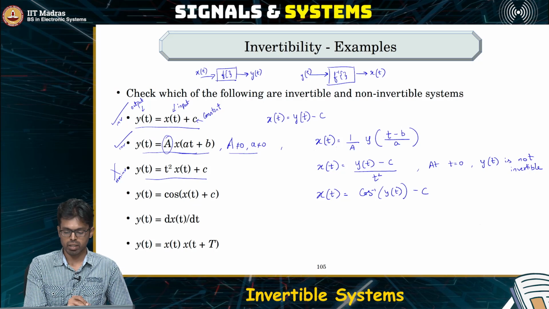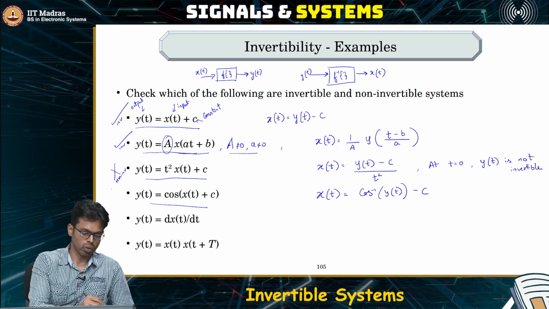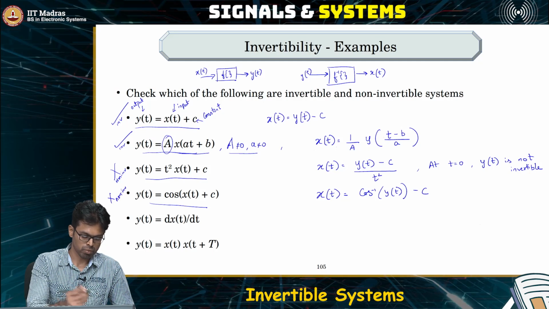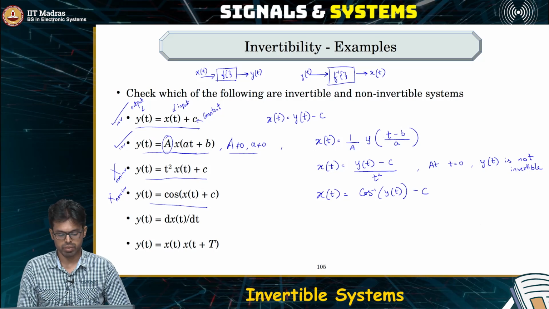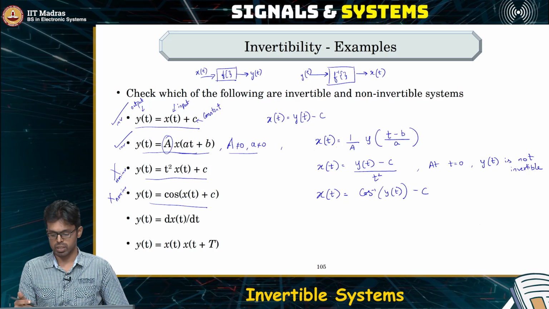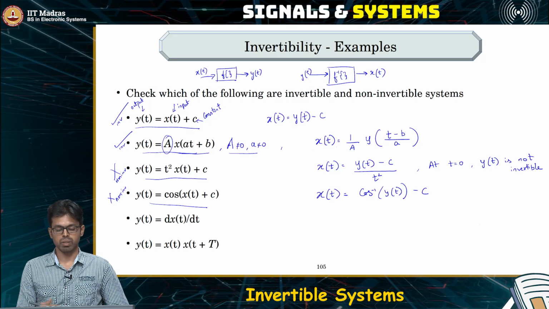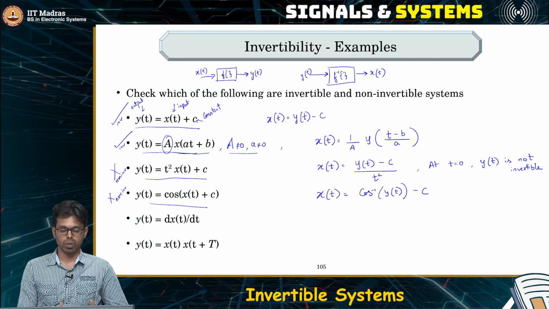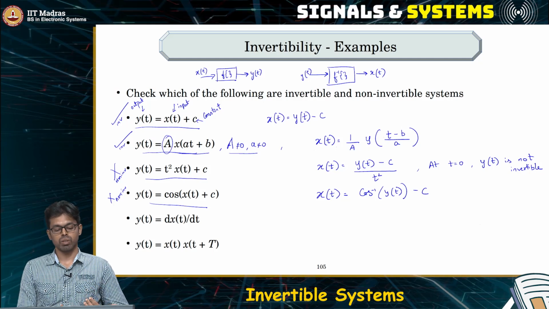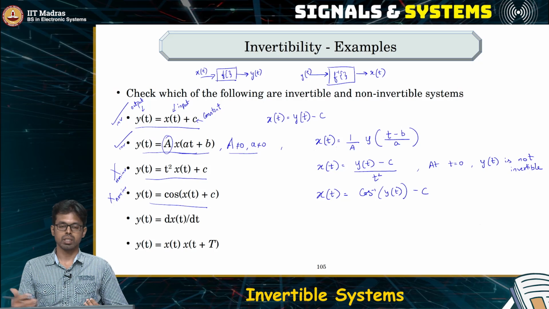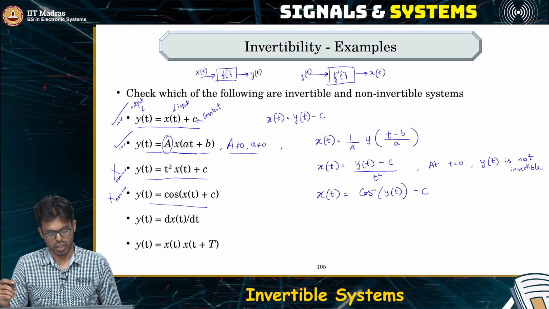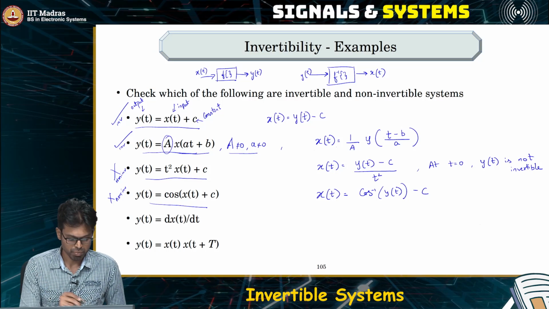So once again, this means that this is not invertible. Simple case, if x of t is 0, it produces the same output as when x of t is 2n pi. So you will not be able to invert and say that the value of x of t was 0 at this time or it was 2n pi at this time. No. So this is a non-invertible system.